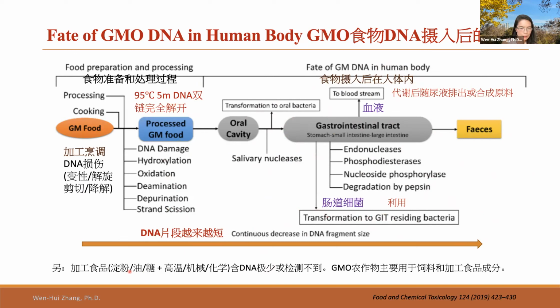So for GMO crops, they're mostly used for food ingredients, like during food processing. So for food ingredients used in GMO foods, we usually cannot detect the DNA in the food using GMO ingredients.